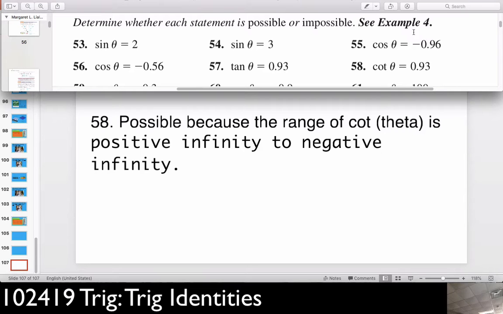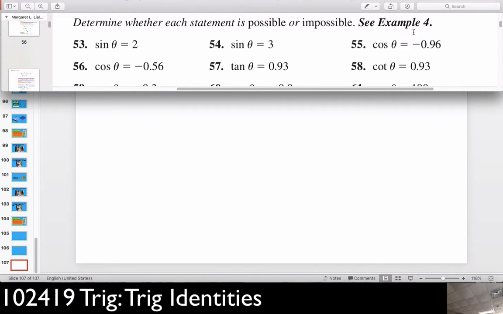I mean, there are going to be multiples of pi where it's undefined. All right. Next, anything else?